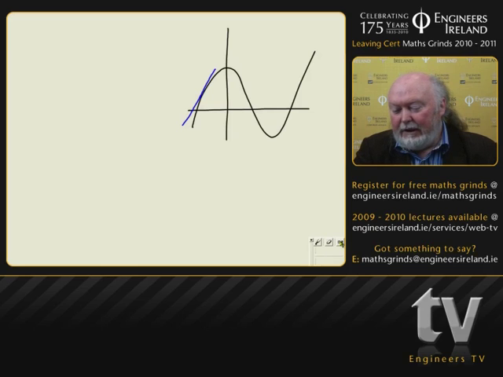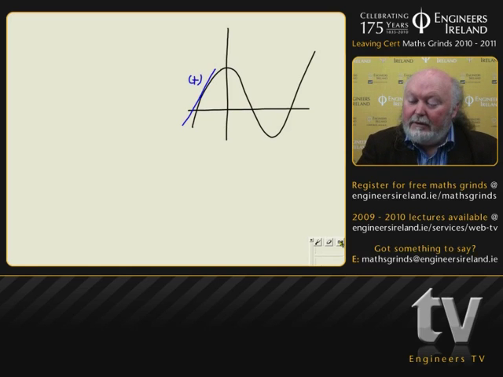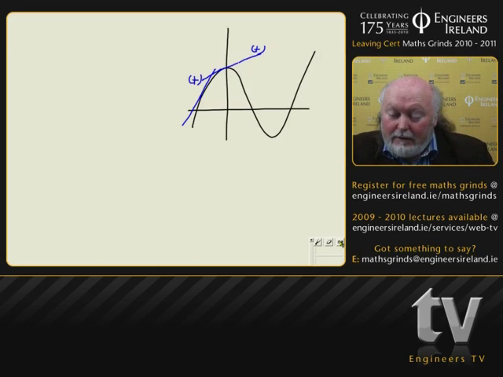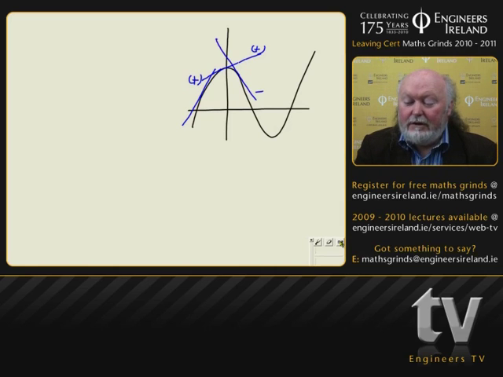So we're looking at this and we're saying this thing here, that is quite a big positive slope. This one over here, it's positive all right, but it's not as big a slope. And if we come down here, we can see we've got a negative slope.